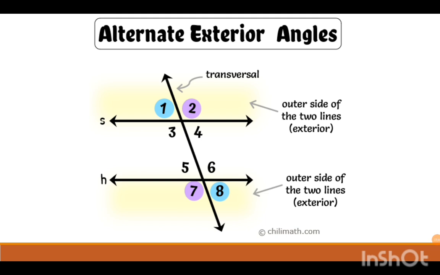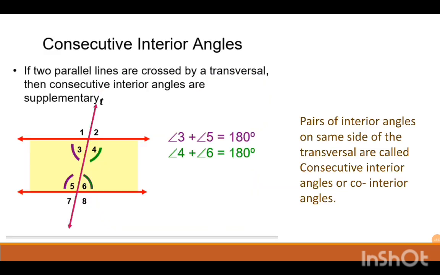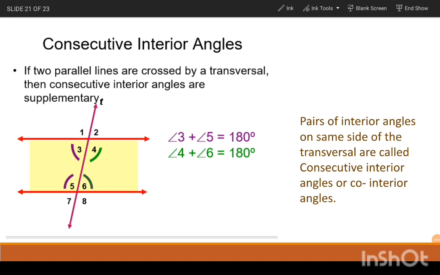Then we have consecutive interior angles, or we call them co-interior angles, which are interior angles on the same side of the transversal. As the name suggests, they are on the same side of the transversal and in the interior part.